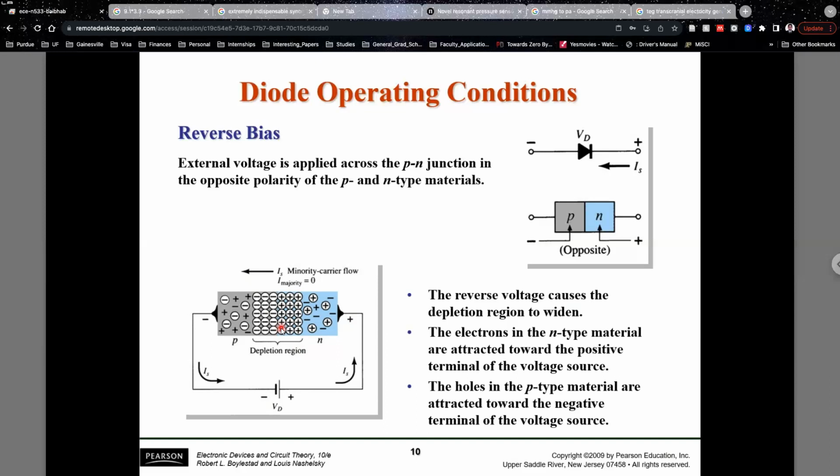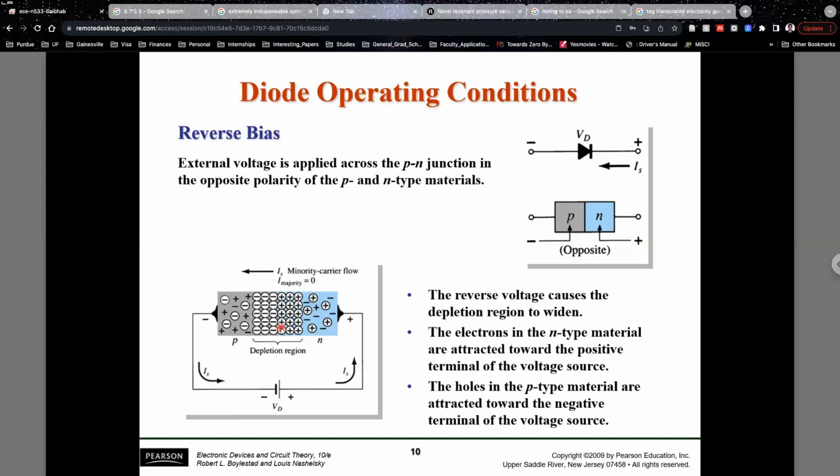Inside the depletion region, there are no majority carrier electrons or majority carrier holes, right? Only if these majority carriers flow through the depletion region would you say that this material is conductive. In this case, you are widening the depletion region, making sure that there is no majority carrier that can make current conduction happen. And that's how you make sure that the PN junction becomes non-conductive.